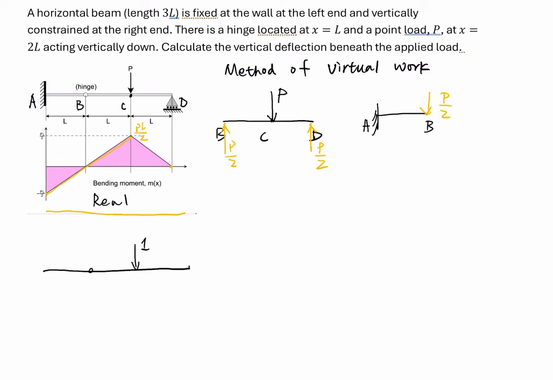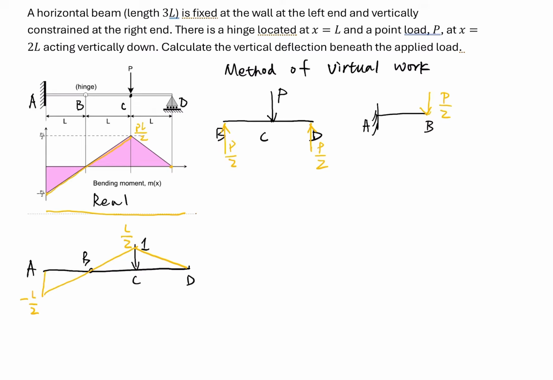If we apply the unit load 1, the bending moment diagram will have the same shape. Here is L over 2, here is L over 2. This is negative, this is positive. So we have points A, B, C, D.